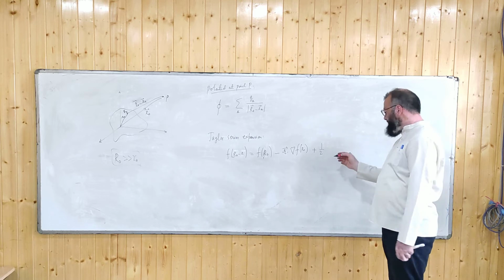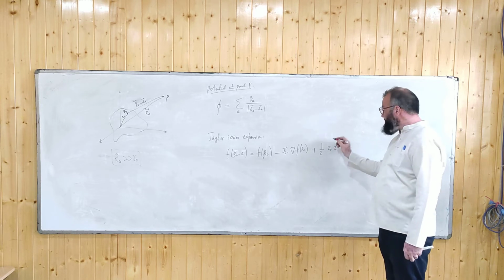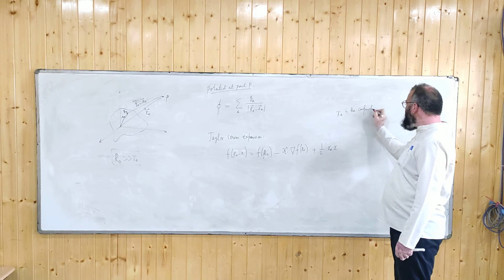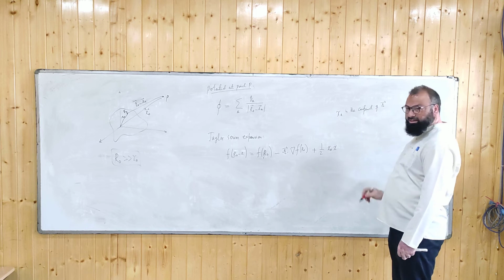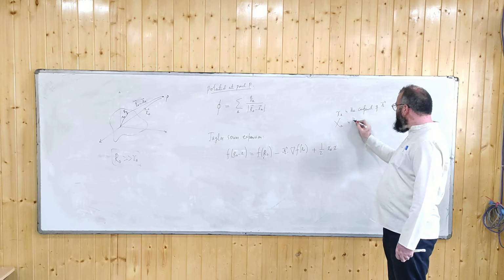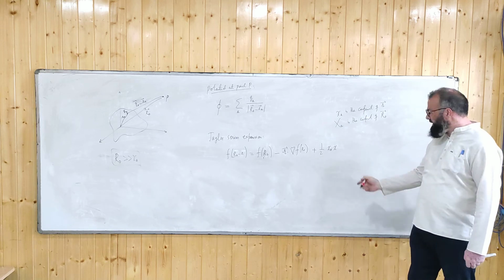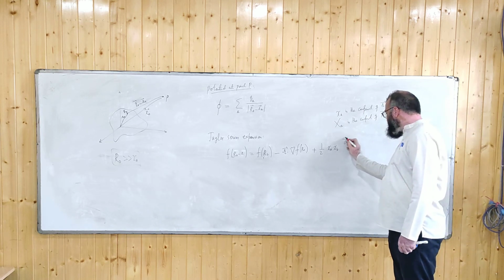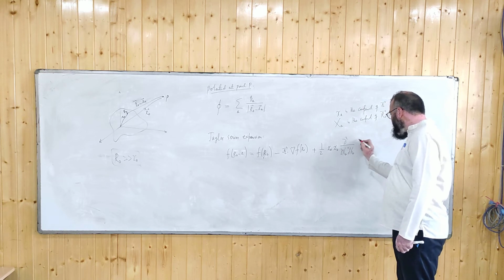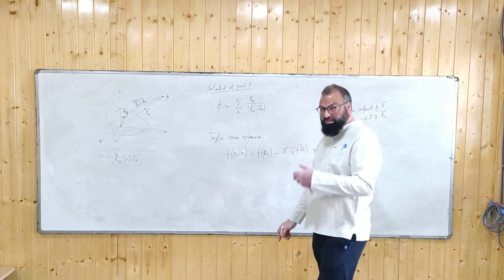Let me write that this way. You have x_a as the component of the vector R, and let's call capital X_A the component of capital R. Then I have this object, the derivative partial X_A partial X_B acting on f of R. Is this the expansion?